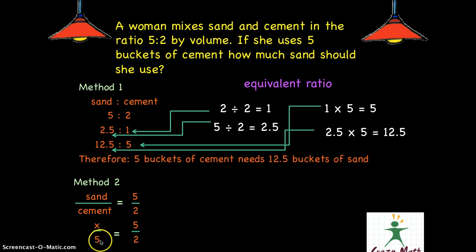So this is the 5 buckets of cement, and that's the sand that we don't know. Using cross multiplication, you can now draw a cross to x, and then 5 is to 5. So you will end up with 5 over 2 times 5, and you should get 12.5 buckets. So either way, you're going to solve the problem.